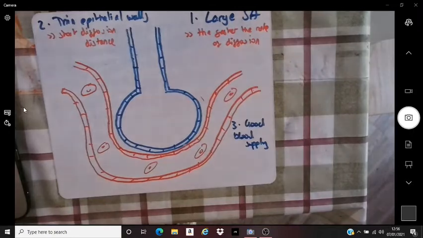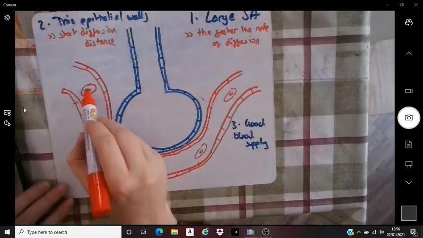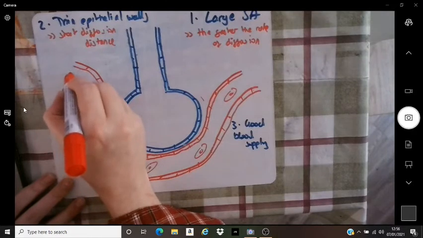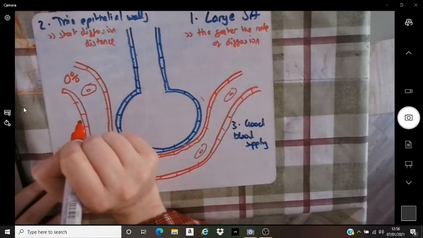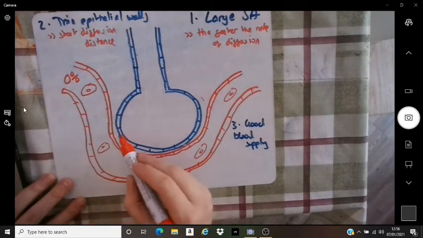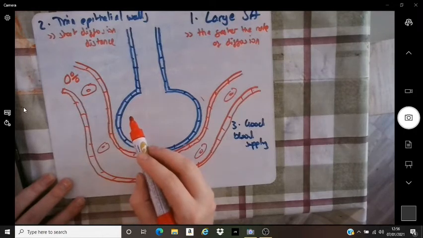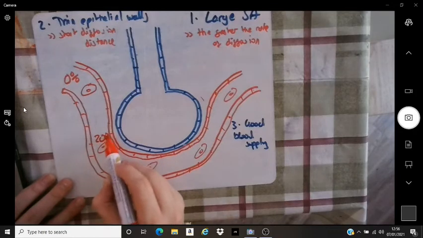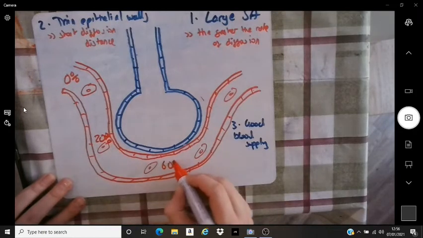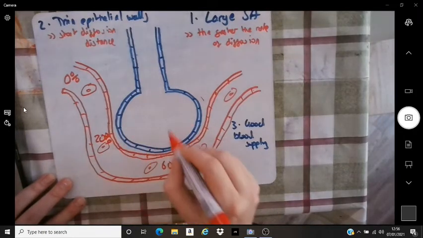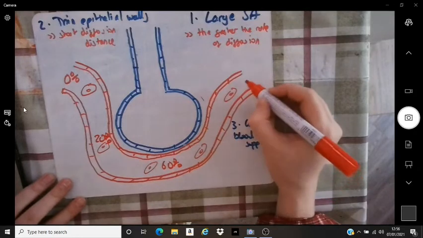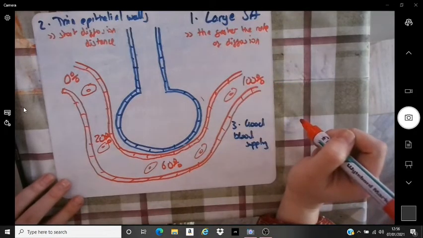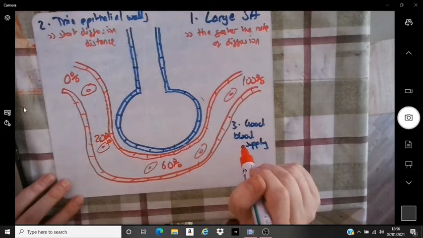If I just show you what the oxygen concentration is, obviously the blood vessel coming in should have 0% oxygen. When it gets to where the surface of the alveoli is, some of the oxygen will start to move in. So say it'll start to pick up oxygen here. More oxygen by the time it's here as all the oxygen's diffusing through. And by the time we come this way, it should be completely full of oxygen. And likewise, the alveoli should now be empty.